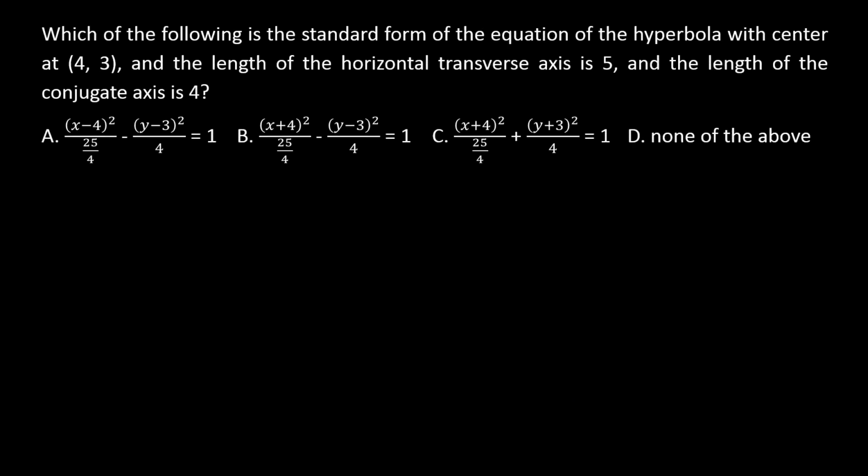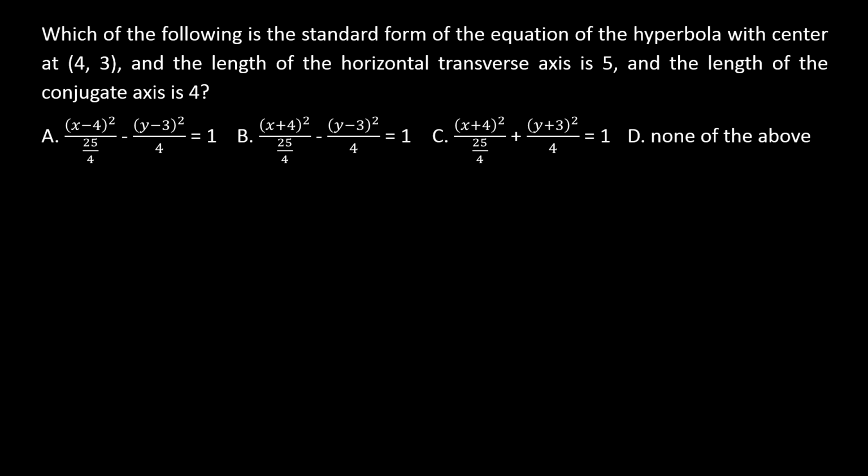The second type of problem for the hyperbola: which of the following is the standard form of the equation of the hyperbola with center at (4, 3), the length of the horizontal transverse axis is 5, and the length of the conjugate axis is 4? In this type of hyperbola, the horizontal transverse axis is along the x-axis.